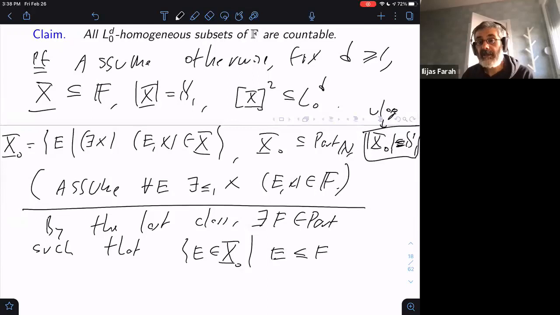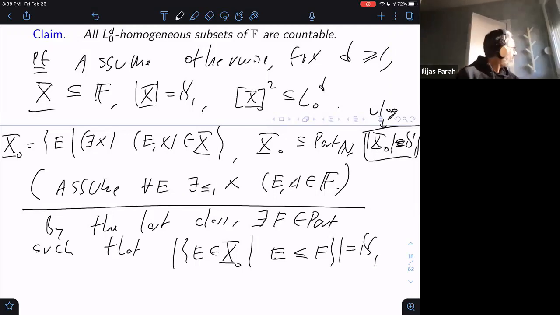And remember what this means is not for all but finitely many, but actually for all. Each pair of consecutive intervals of E is included in a pair of consecutive intervals of F. This is uncountable. It has cardinality aleph-1.